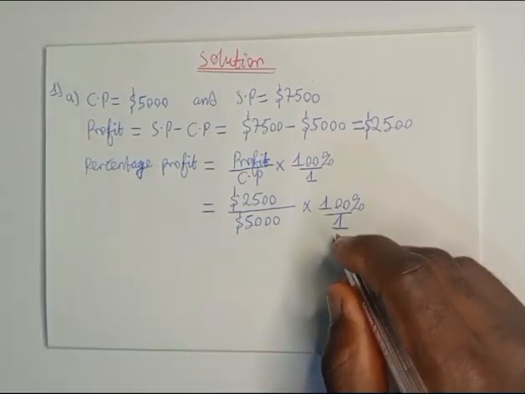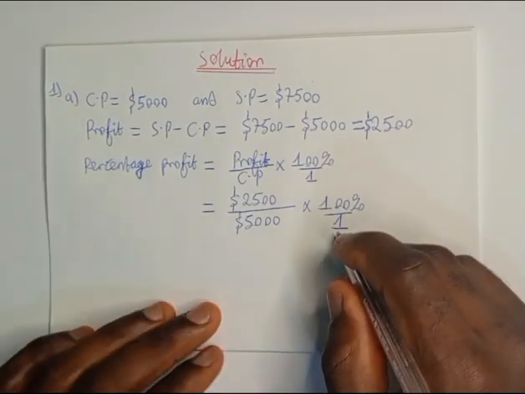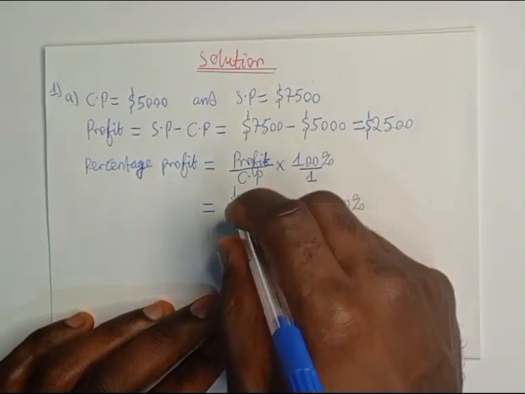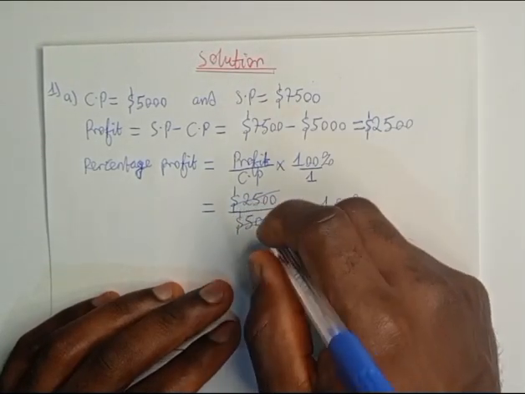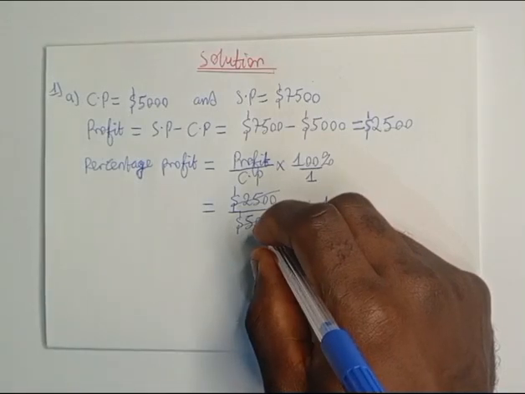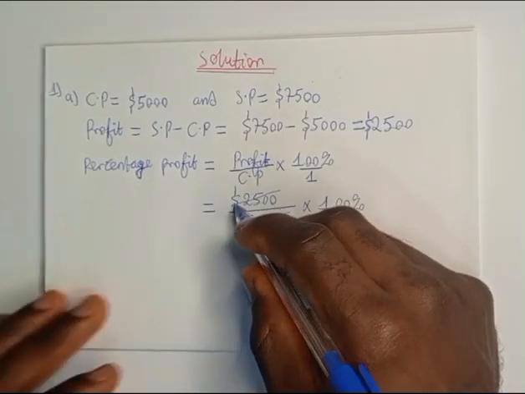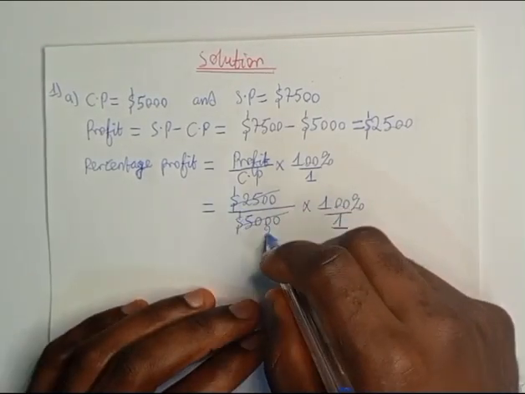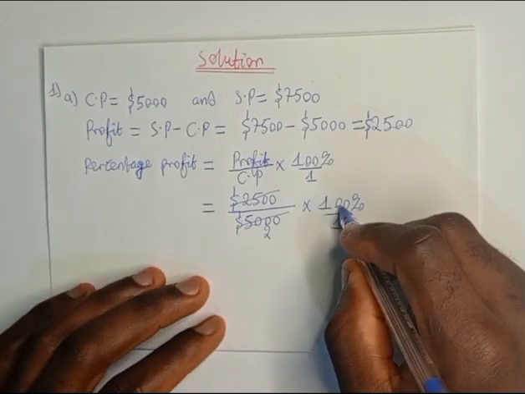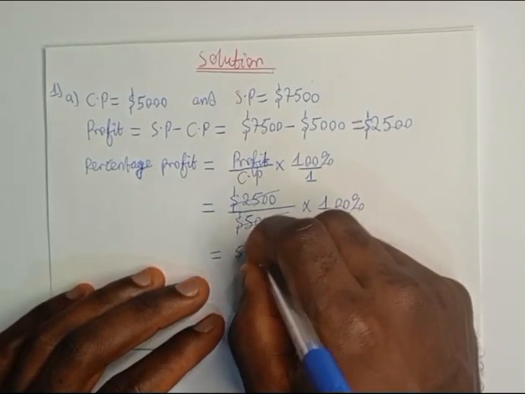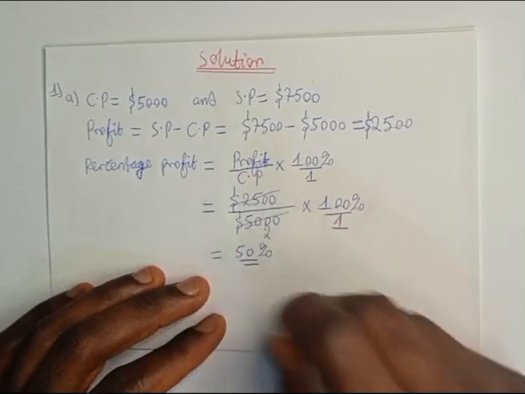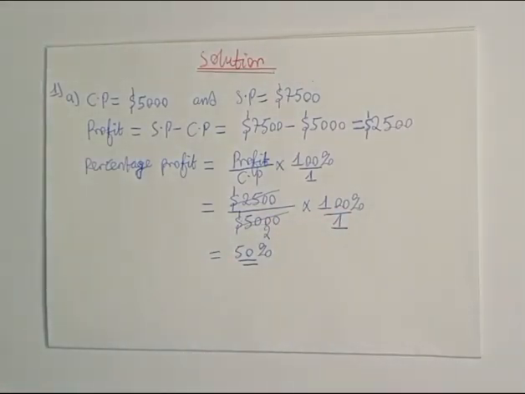Performing all the necessary simplifications, 2,500 will go into 5,000 2 times. The dollars will strike off with dollars. 2 will go into 100 50 times. So this will simply be equal to 50%. 50% is the percentage profit made.